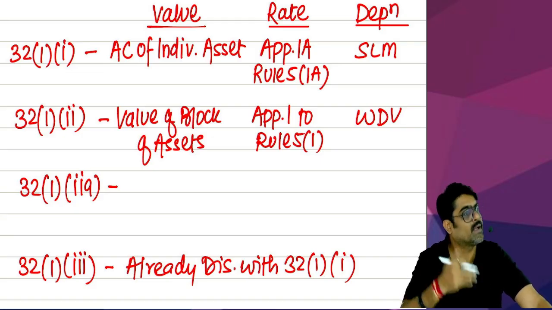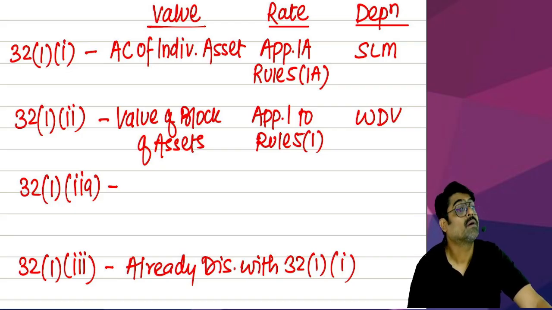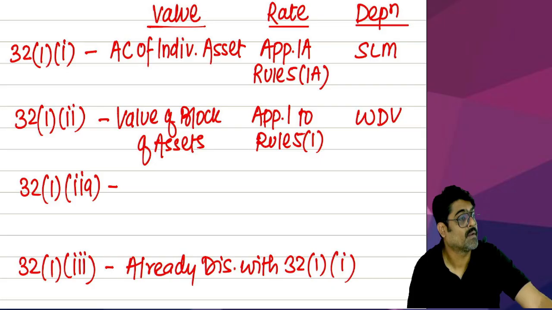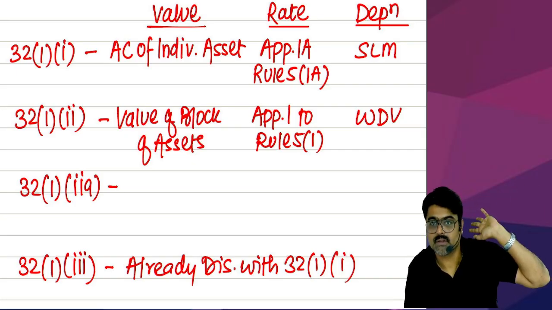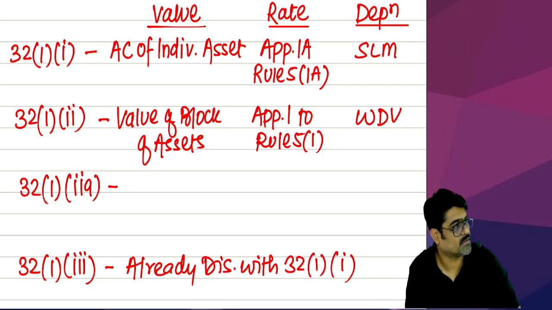So in the first year and in every subsequent year, the depreciation will be on what basis? Block basis, WDV basis. Yes or no? But if you fail to choose this option in the first year, then your depreciation we have already fixed: individual asset, actual cost, SLM basis. Done, sir? Should I move ahead?